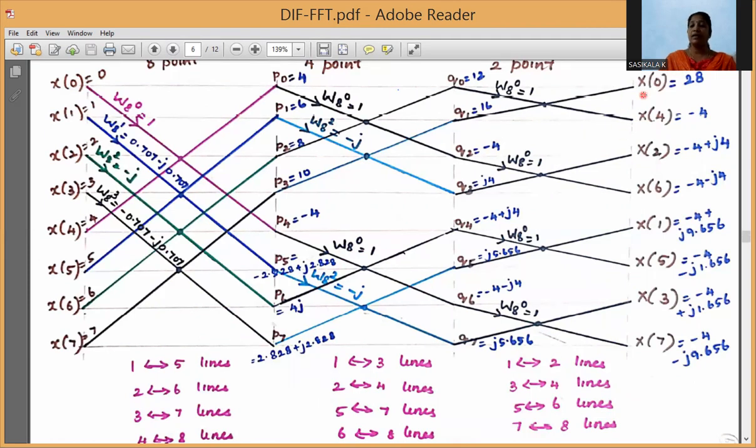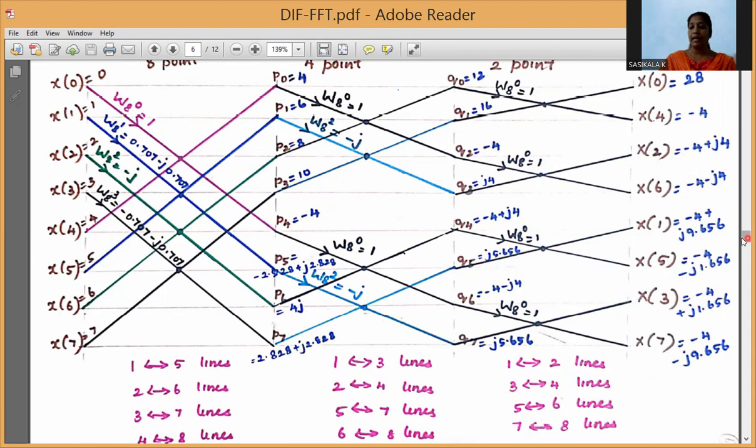So, the output sequence capital X of k can be written as X of 0, comma, X of 1, comma, X of 2, comma, X of 3, comma, X of 4, comma, X of 5, comma, X of 6, comma, X of 7.